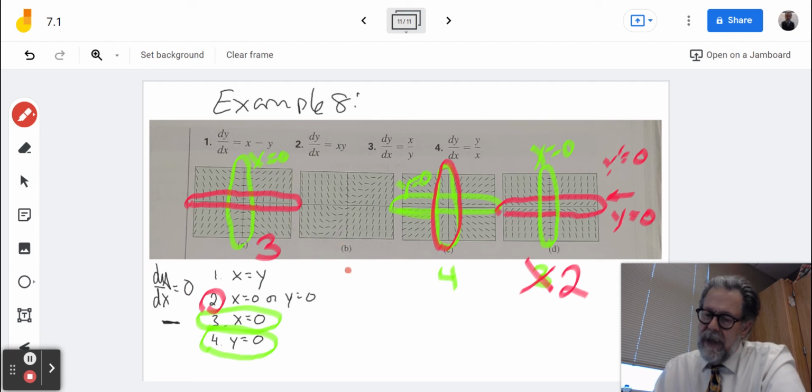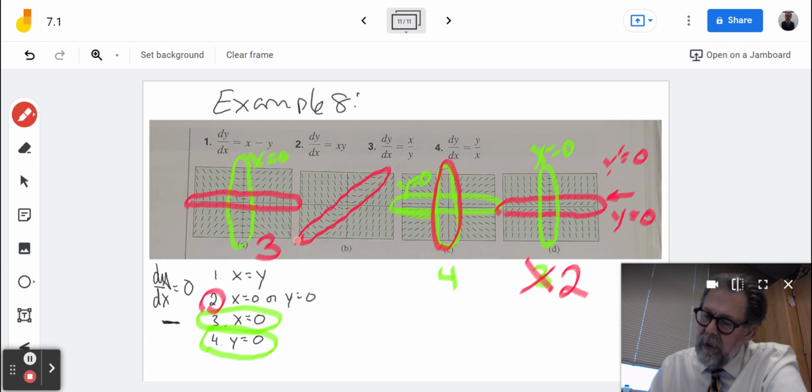Finally, we could say that x equals y has to be B, because both x and y have to be equal in order to have a slope of 0. Do I see a slope of 0 along the line y equals x? And no, I guess I sort of do. So here's the line y equals x. Now what we have here is we don't actually have the line y equals x.